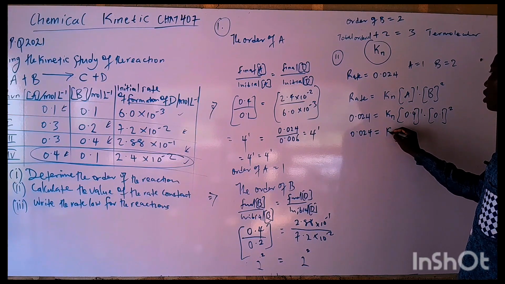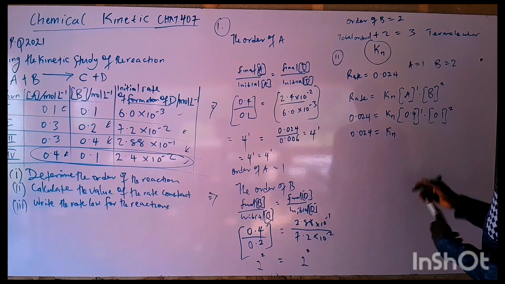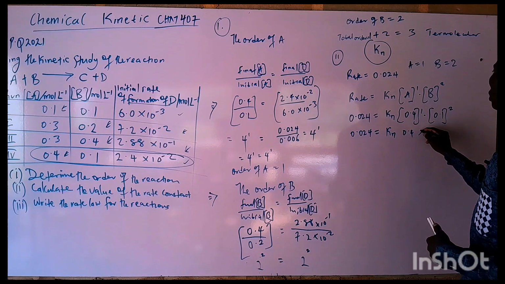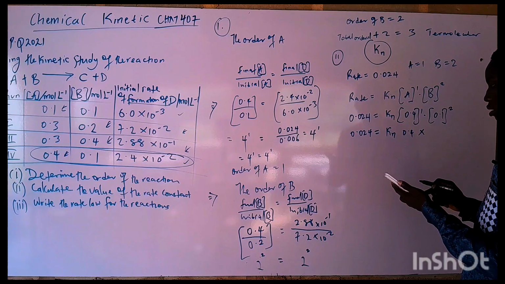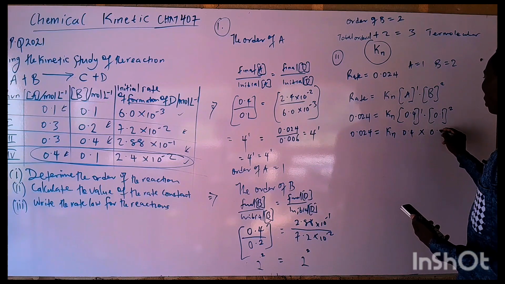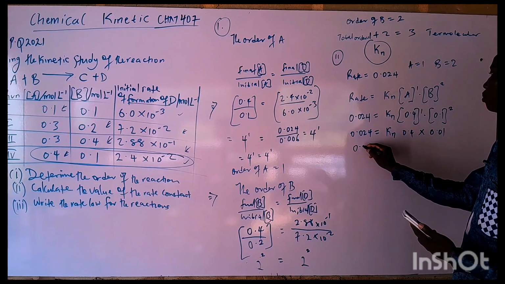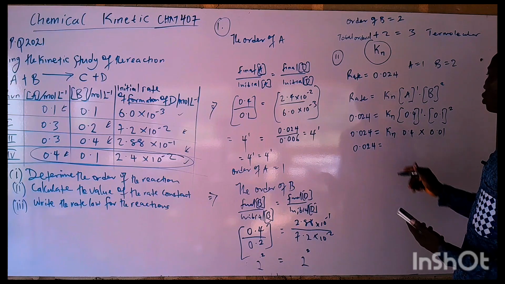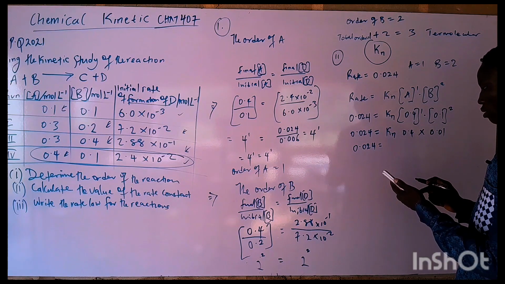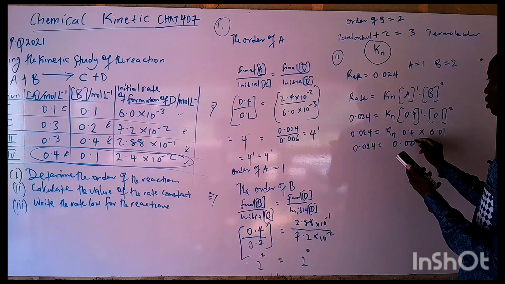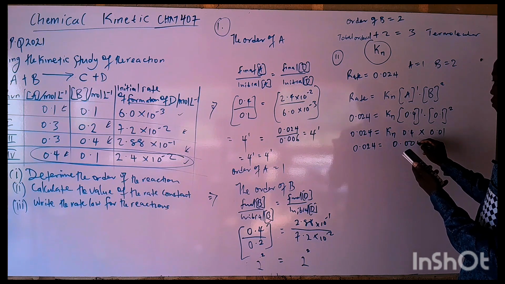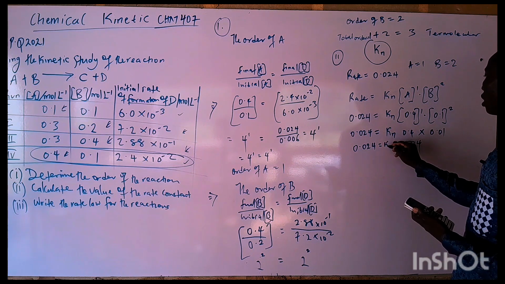0.024 equals Kn. Here, this will still give you 0.4 times, this one should give you 0.01. So 0.024 equals, when you multiply this together, 0.004 Kn.